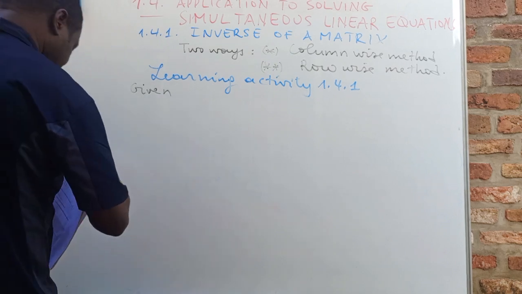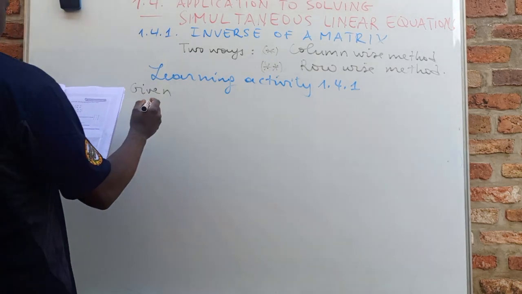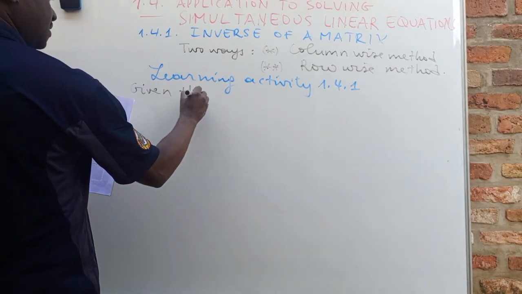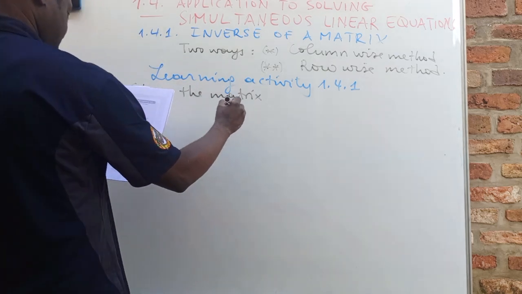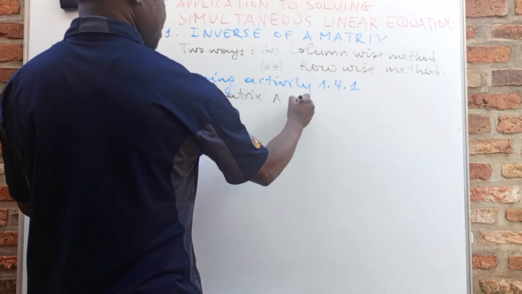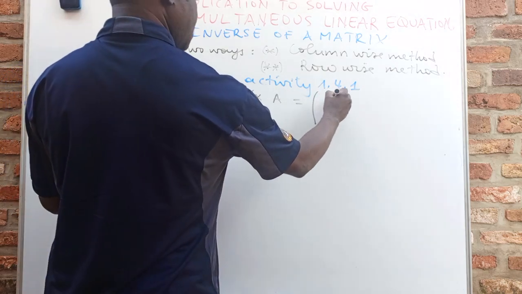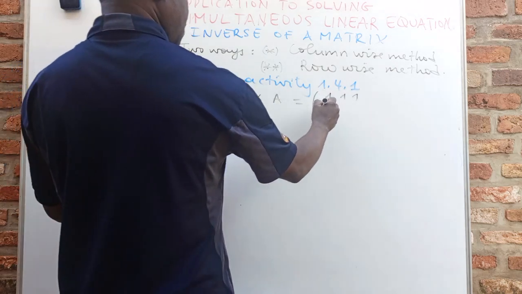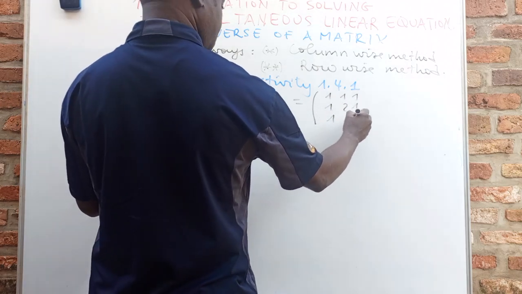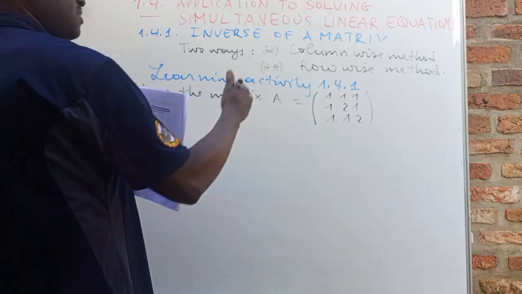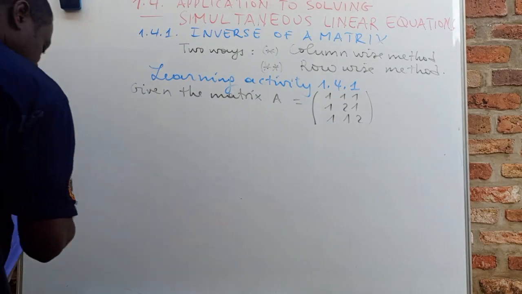Given the matrix A is 1, 1, 1, 1, 2, 1, 1, 1, 2. It is like the previous matrix.